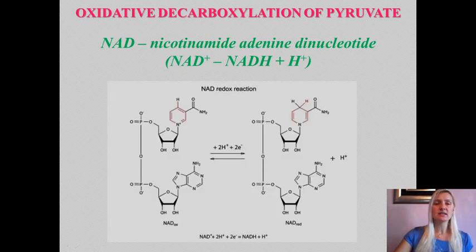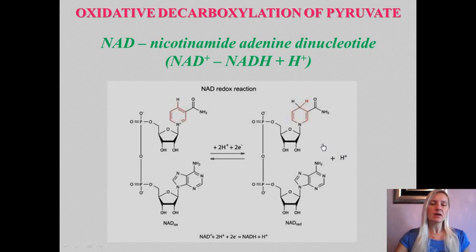And finally, NAD, nicotinamide adenine dinucleotide, with the amide of nicotinic acid as one nitrogen base and adenine as another nitrogen base, so it's a dinucleotide, 2 nucleotides attached by a pyrophosphate bond. This is the oxidized form where nitrogen is positively charged, and it can accept reducing equivalents, 1 hydrogen to the heterocyclic ring and one proton apart. So NAD+, the oxidized form, when reduced, goes to NADH plus H+.